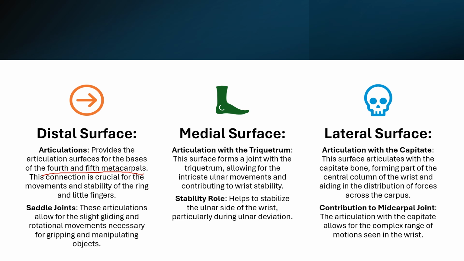This articulation allows slight gliding and rotational movement necessary for gripping and manipulating objects. In some books, it is known as a saddle type of joint.